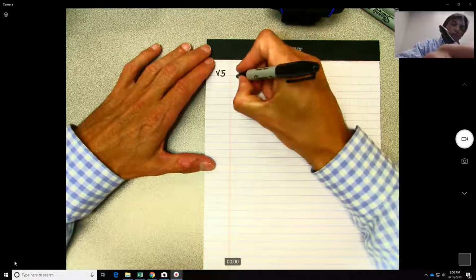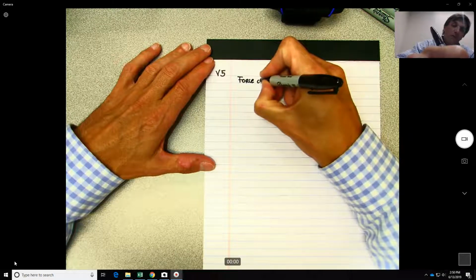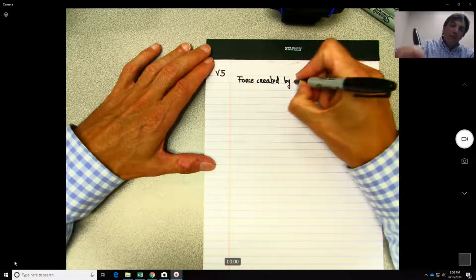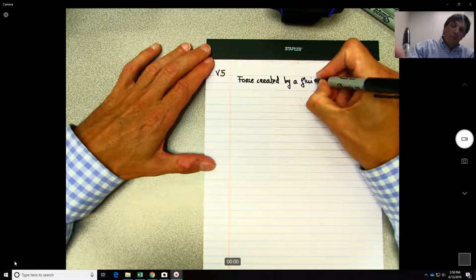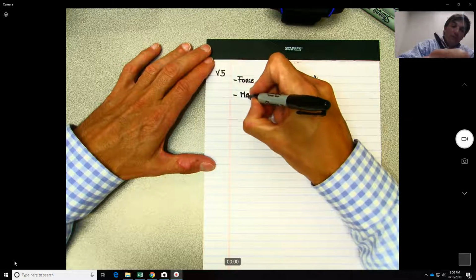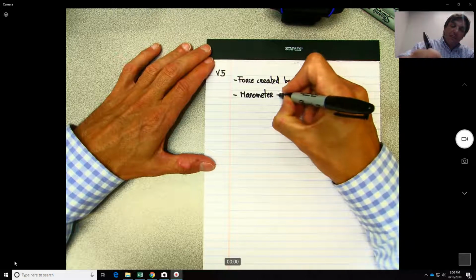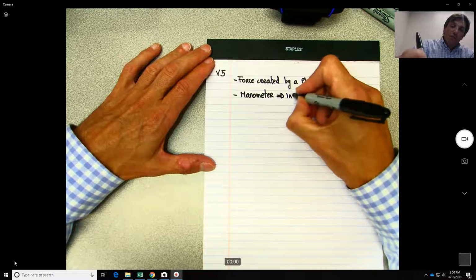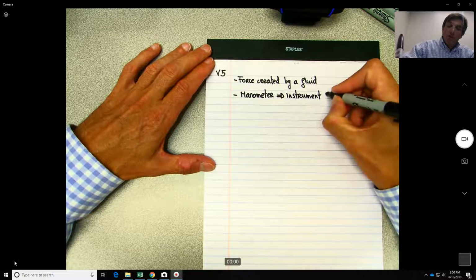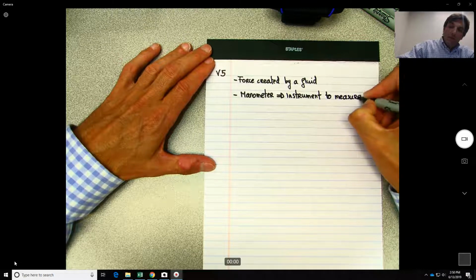Welcome, and today we're going to look at what is the force created by fluid, and we're going to look at one direct application, which is the manometer, which basically is an instrument used to measure the pressure.